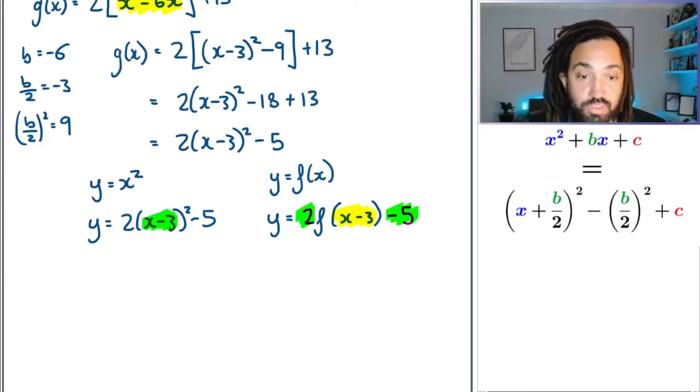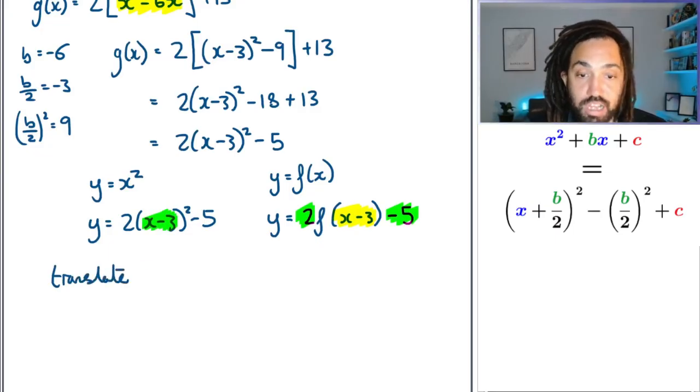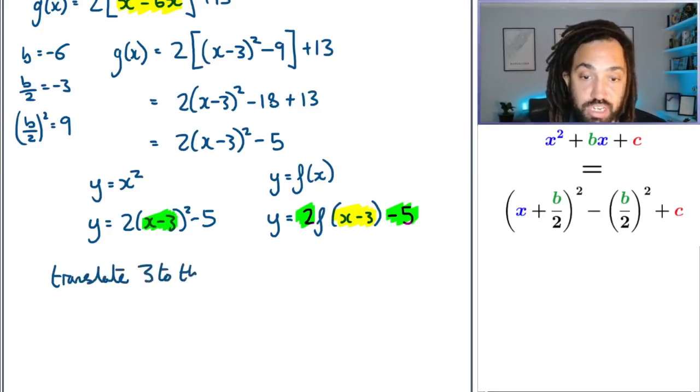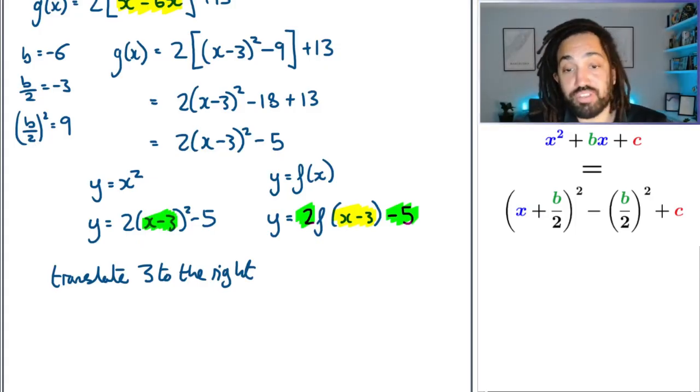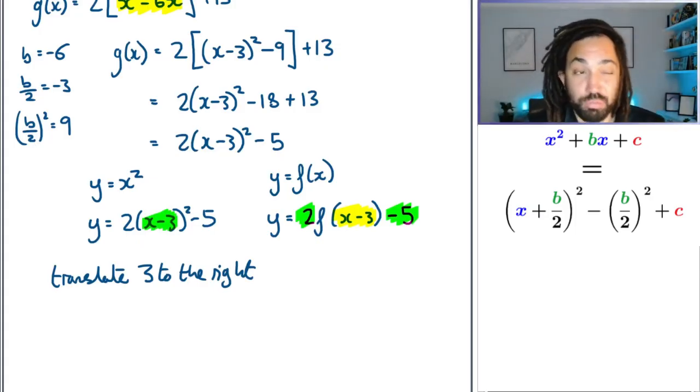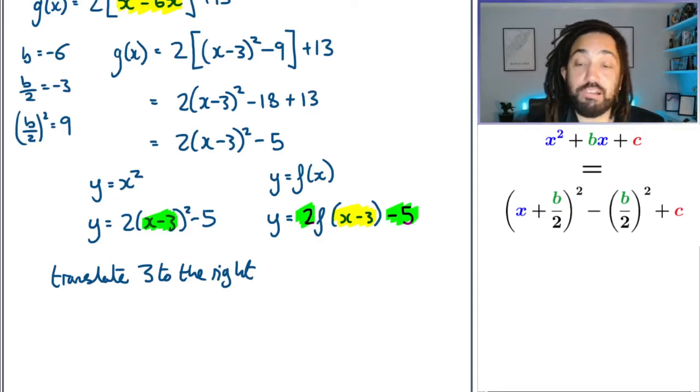Well, this will translate it, and it'll be 3 to the right. Because it is x minus 3, it moves it to the right. It's a bit counterintuitive to what you expect, but whenever it's inside the bracket, it kind of does the opposite of what you'd expect. But because you're minusing 3, it's actually a translation to the right. So translate 3 to the right.